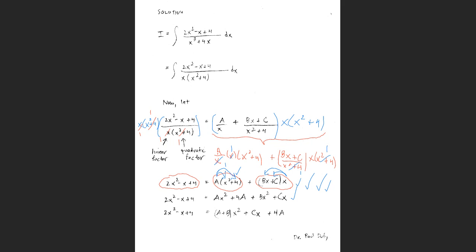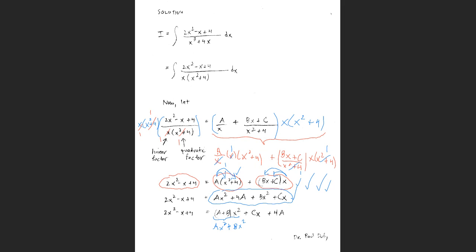And what I want to do with the ax squared plus 4a plus bx squared plus cx, with this part right here, is group together like terms. Well, ax squared plus bx squared, I can factor an x squared out.